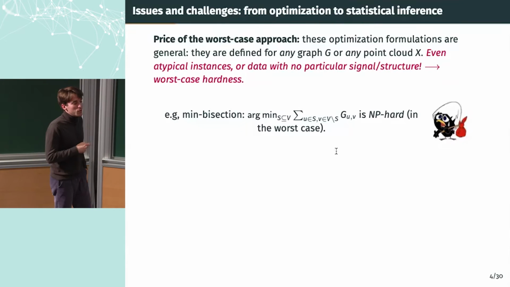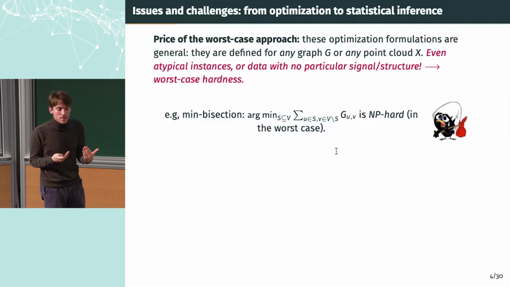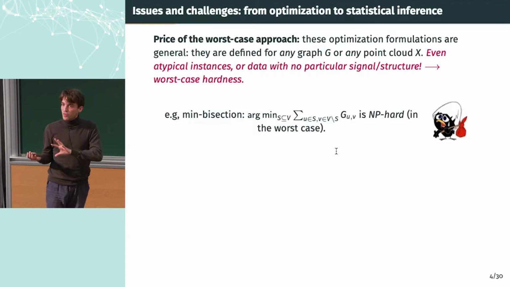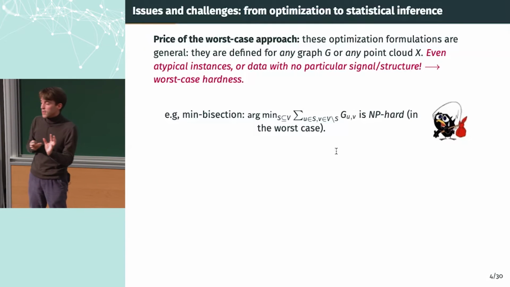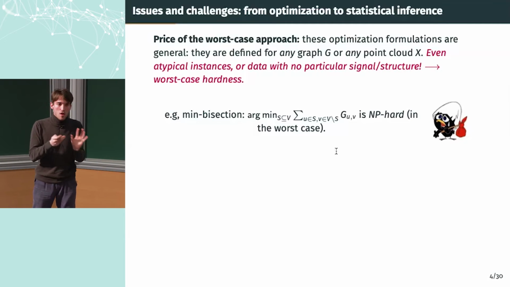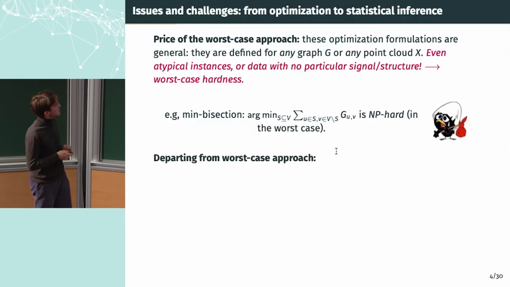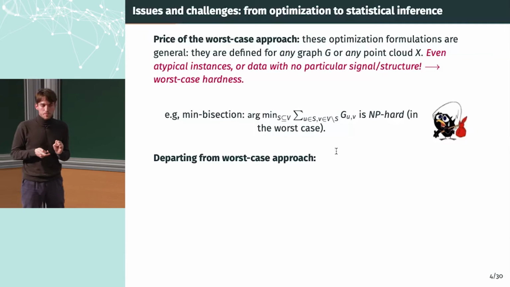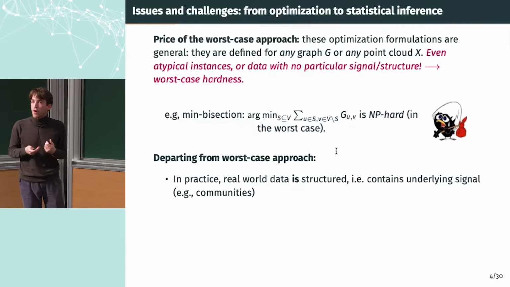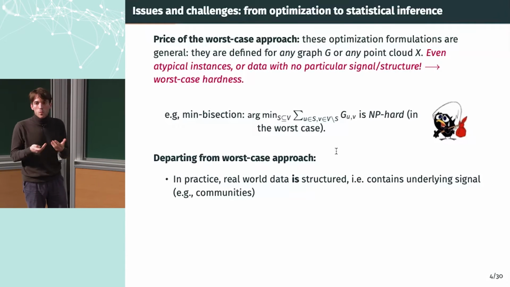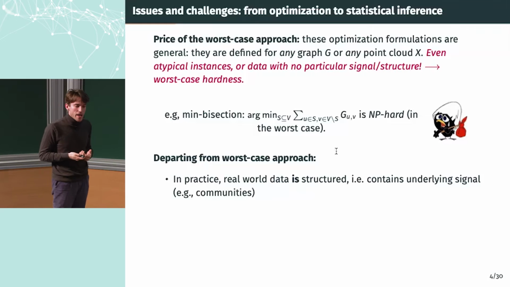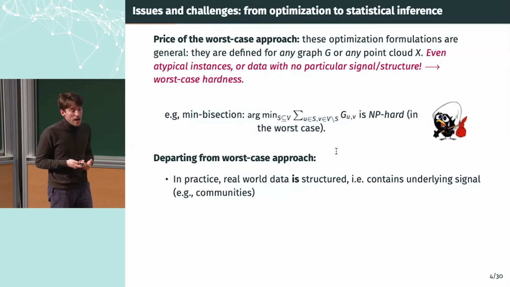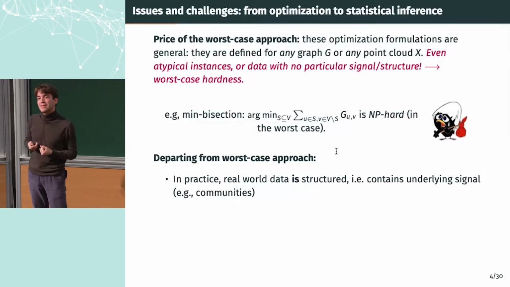So I will give you a few remarks now that will motivate a change of point of view on these problems. And I will now switch to another perspective. So here are a few remarks that may guide us. If we want to depart from this worst case approach, we can think that in practice, real world data from the problem I want to look at actually contains some significant signal in it.